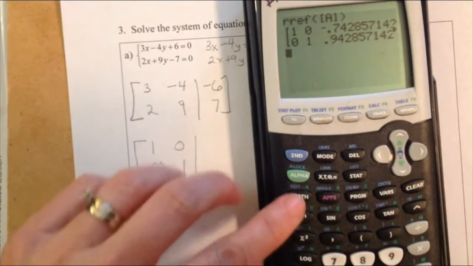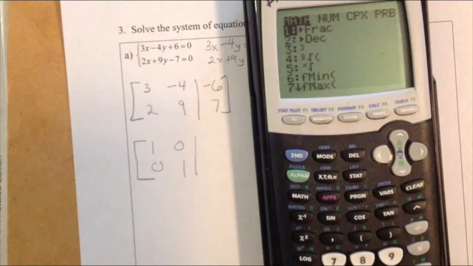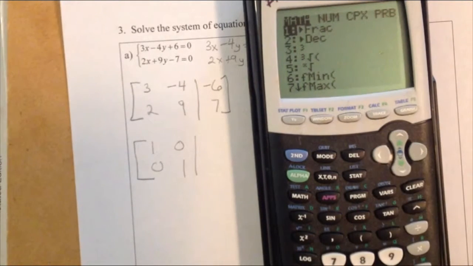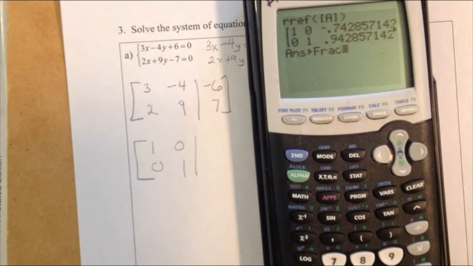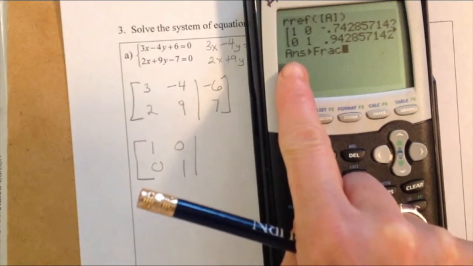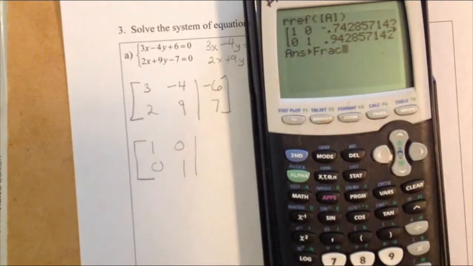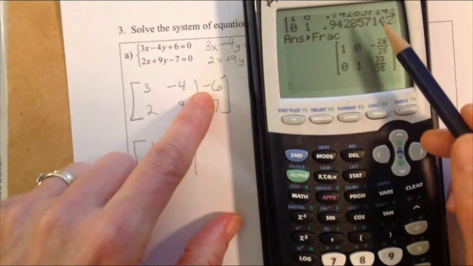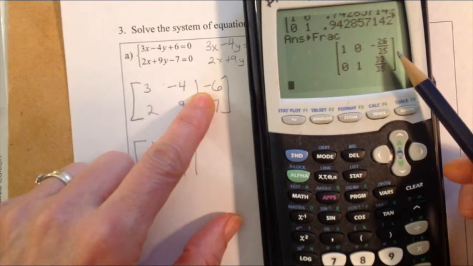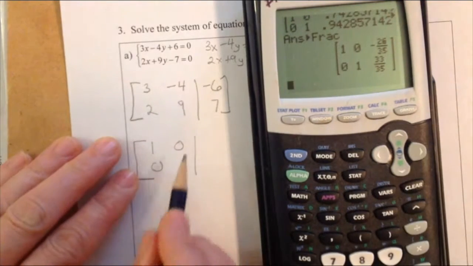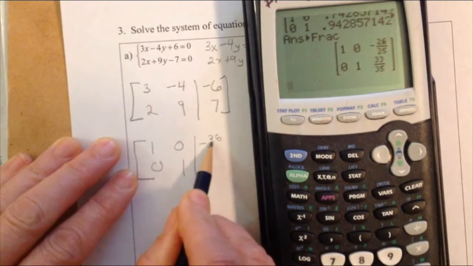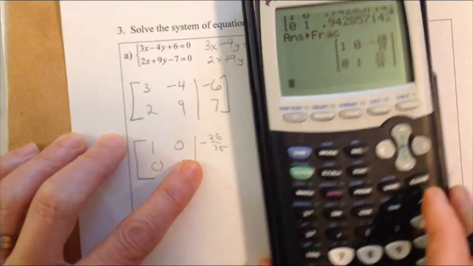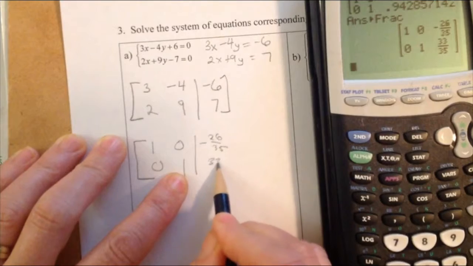Just from where we're at, if you hit math, and then option number 1, convert to fraction, it's going to take the previous answer, that's why it's got the Ans there, and convert it to fraction form. And with a matrix, it will convert those entries that had been in decimal form to their equivalent fraction form. So this first one then is negative 26/35, and then we have 33/35.